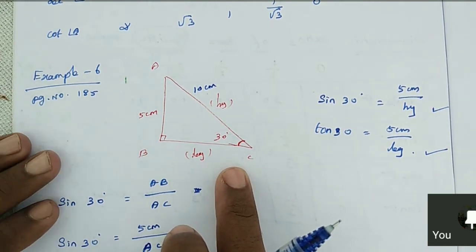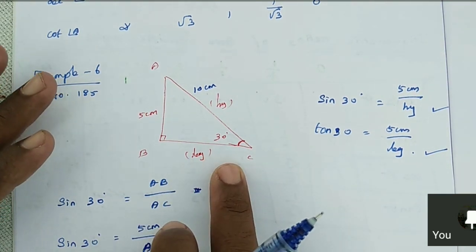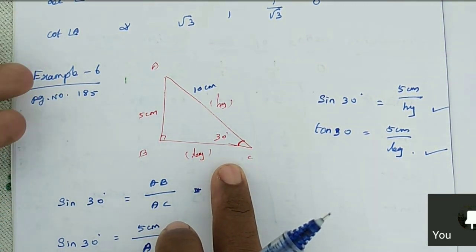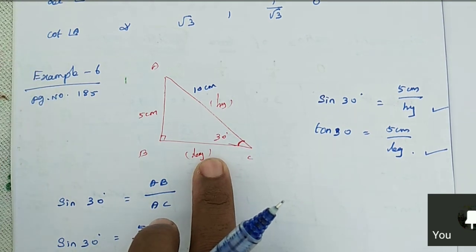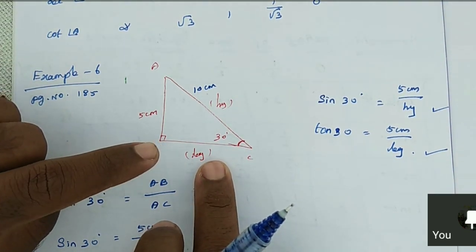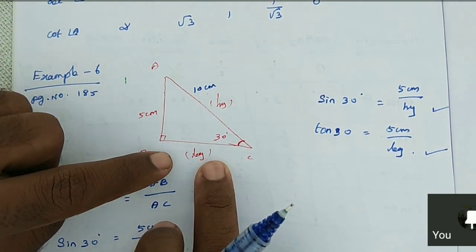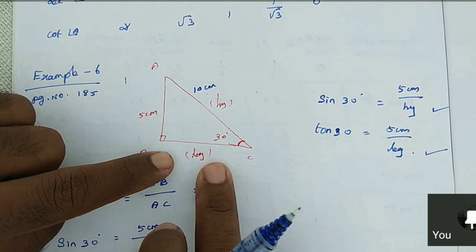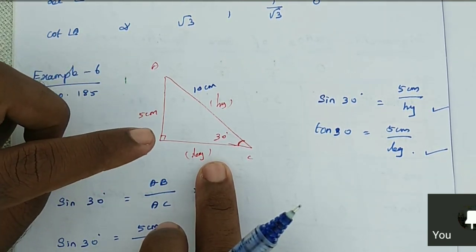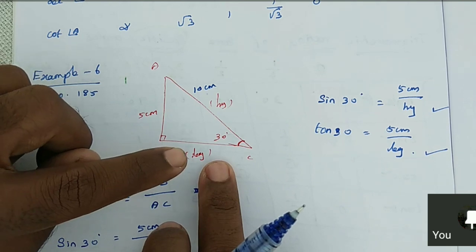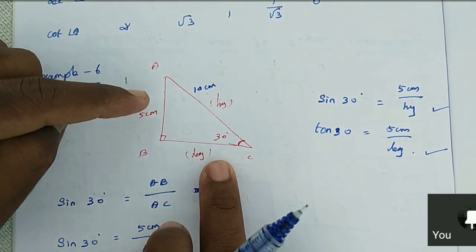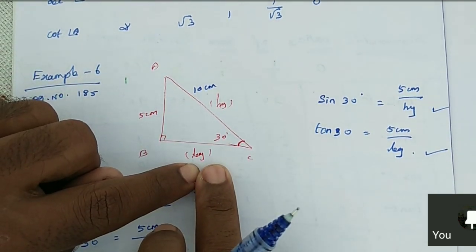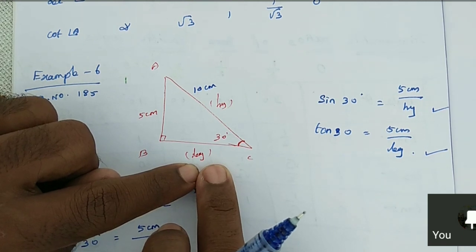So here you can use the Pythagoras theorem to find BC. Otherwise, you can go with one more ratio that belongs to the leg. We want to take a ratio, which is tan. Tan, opposite by adjacent. It will come with tan. Then cos also it will come, right?